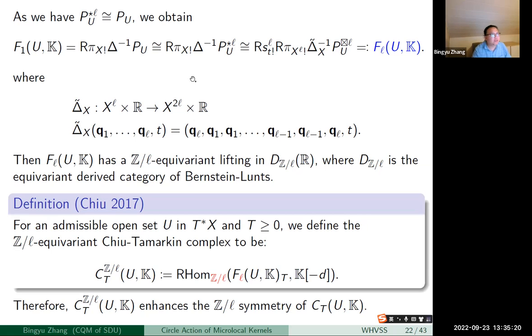If we have a Reeb chord gamma of T, then in FL the corresponding Reeb chord is gamma of LT, and then we use the L-fold cover of S1 to obtain this Z mod L action geometrically.